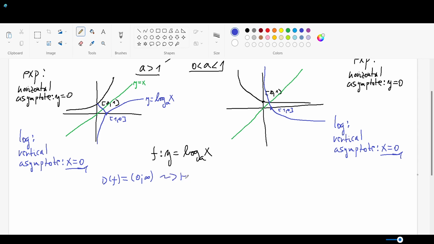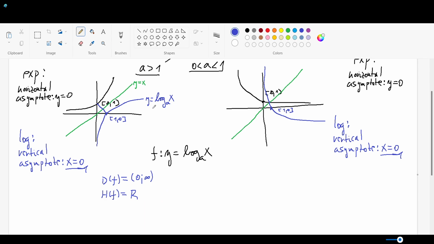It's the same as the range of the exponential function before. Then the range of the function is all the real numbers, because as you can see, the line goes from negative infinity to infinity.